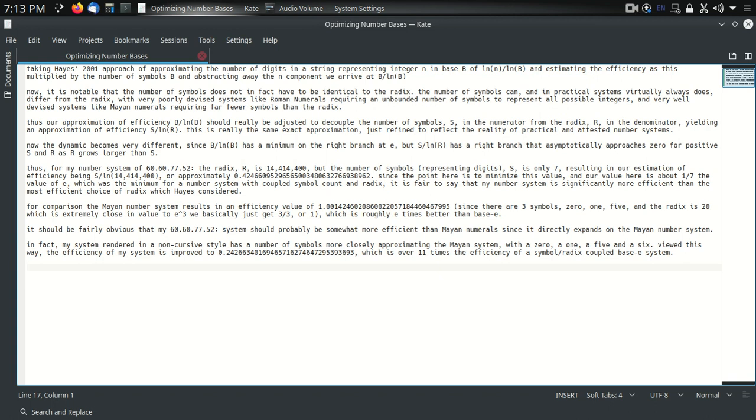So now the dynamic becomes different, since b on ln b has a minimum on the right branch at e. If you graph it out, there are two branches for values. I don't have the graph in my head, but there's a left-hand branch that goes from 0 to like 1, I think, and it's negative, below the x-axis, and it goes down to negative infinity.